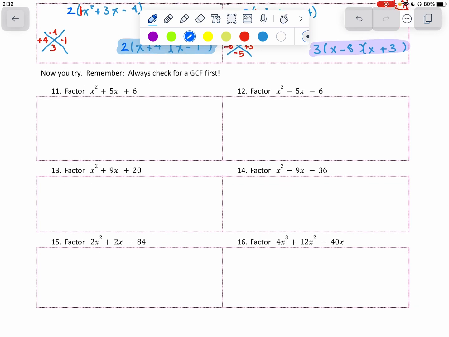All right, so for this one, I'm looking for two numbers that multiply to give me 6, that add to give me 5. That's going to be 3 and 2. So this factors to be x plus 3 times x plus 2.